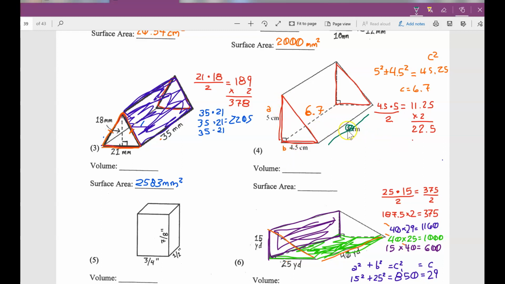So you need to do 8 multiplied by 4.5, and then 8 multiplied by 5, and then 8 multiplied by 6.7. So you multiplied it by the left to right, you multiplied it by the top to bottom, and then you multiply it by the connecting slant. Multiply your front to back measurement by each side of the front triangle, then add everything together.